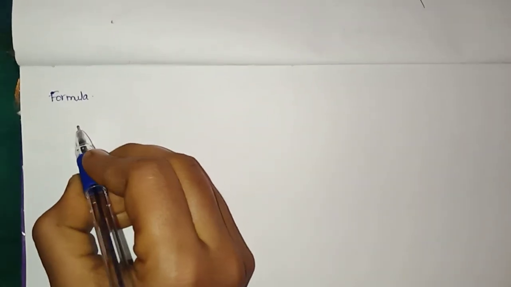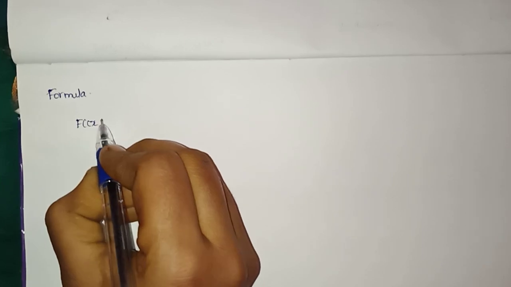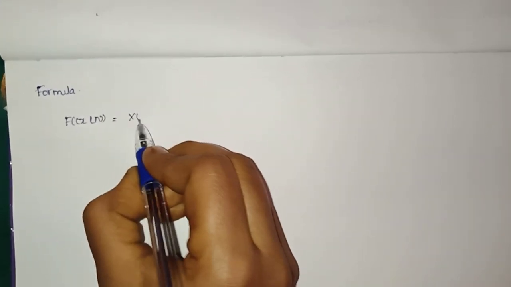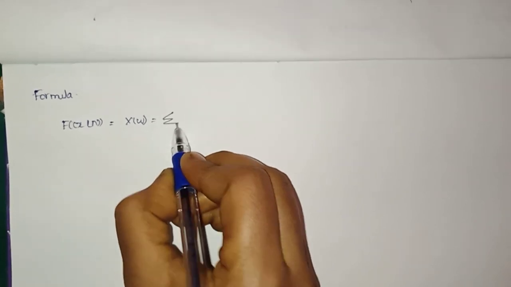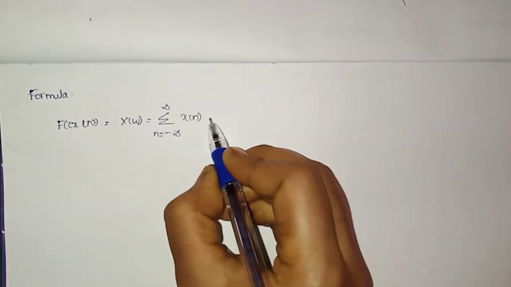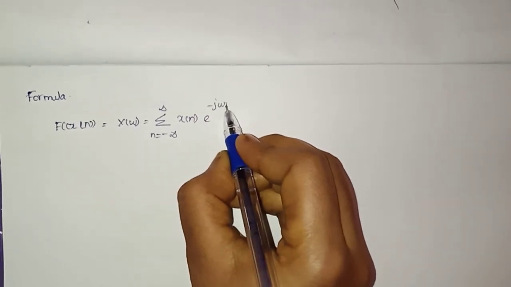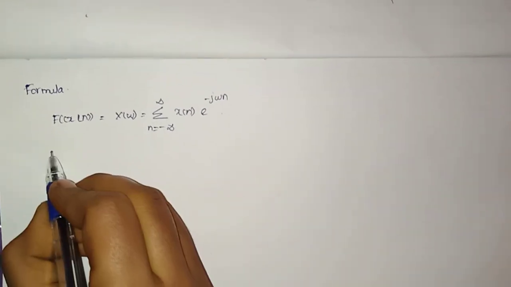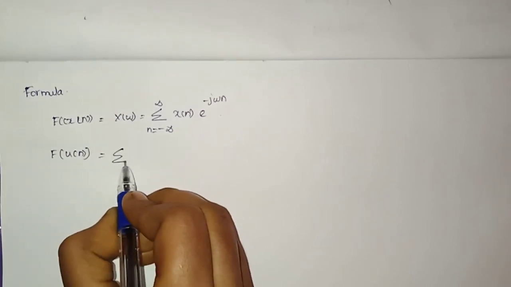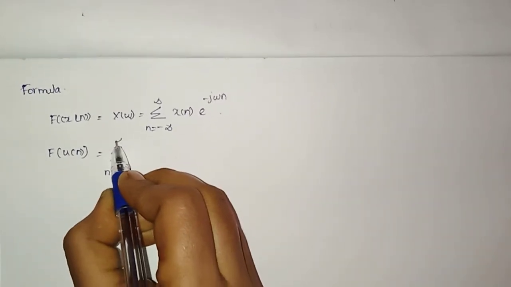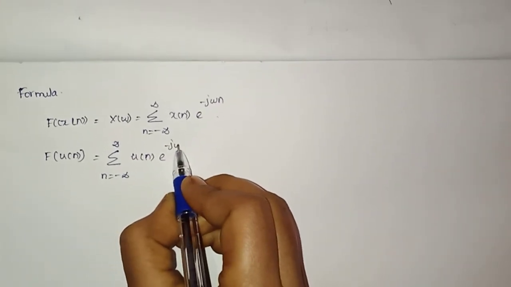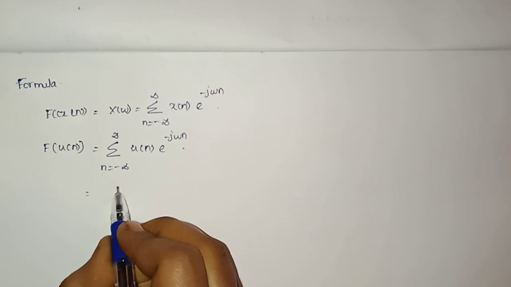Next we move to the formula. We know DTFT of x of n equals x of omega, which is summation of n equal to minus infinity to infinity of x of n e power minus j omega n. We know this formula, so here we have to substitute. N is from minus infinity to infinity, x of n is u of n, and e power minus j omega n.